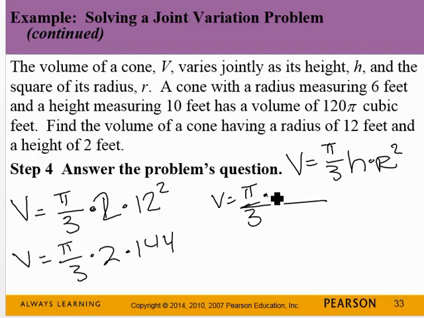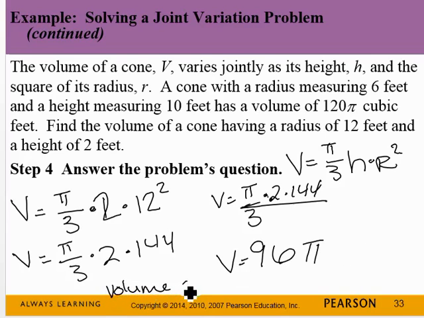We'll make it all over. So your volume in the end will be 96 pi. So the volume of the cone is 96 pi, we're just going to leave it in pi, feet cubed.